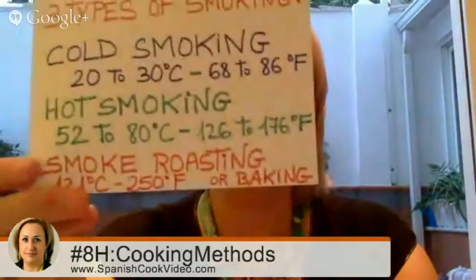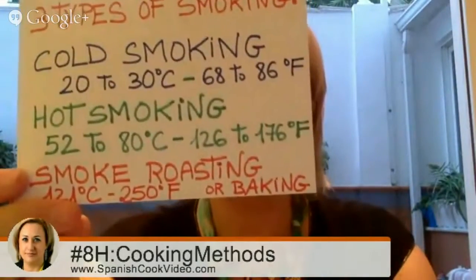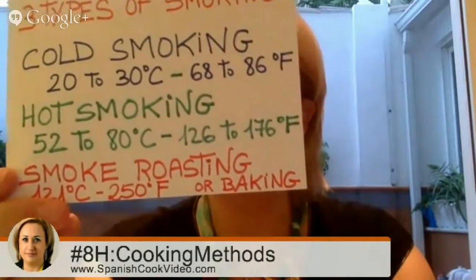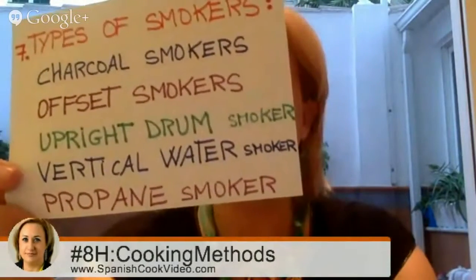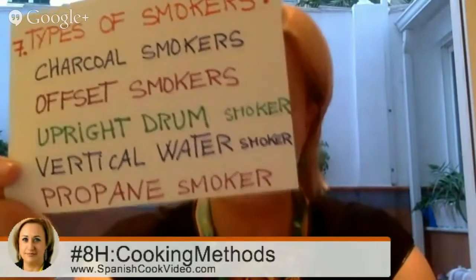There are also 3 types of smoking techniques: cold smoking, hot smoking, and smoke roasting or baking. And there are also about 3 types of smokers that we'll see in detail in the member area. This last part, going deep into smoking, we will cover in a specific hangout, because it requires more explanation.